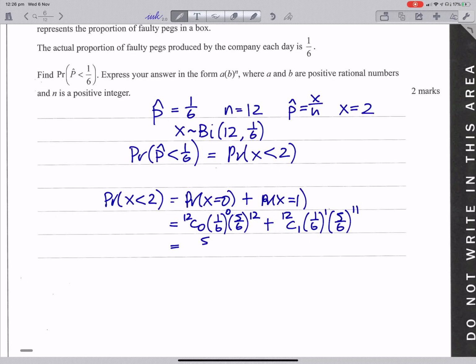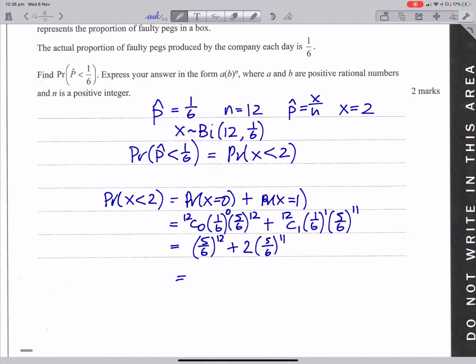So here we've got 5 on 6 to the 12 plus 12 times 1 on 6, which is 2, times 5 on 6 to the 11.